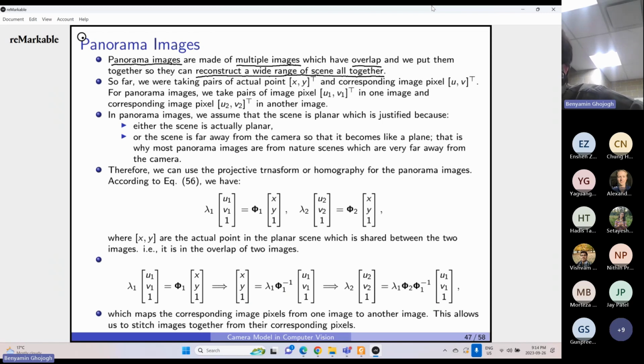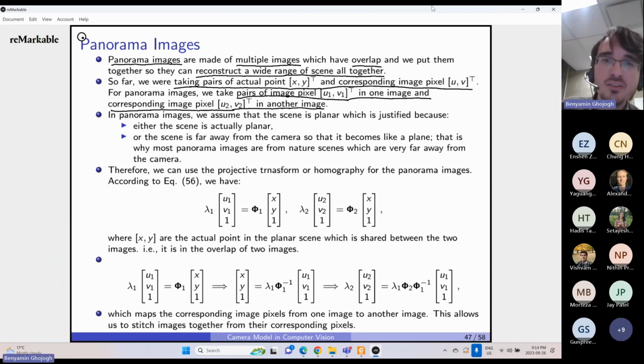But let's see its theory. So far we were taking pairs of actual points and corresponding image pixels, right? But for panorama images, we take pairs of an image pixel in one image and the corresponding image pixel in another image. So rather than having pairs of actual 3D or 2D points in the scene and the corresponding pixel, let's consider two corresponding pixels in two different images, but from the same thing.